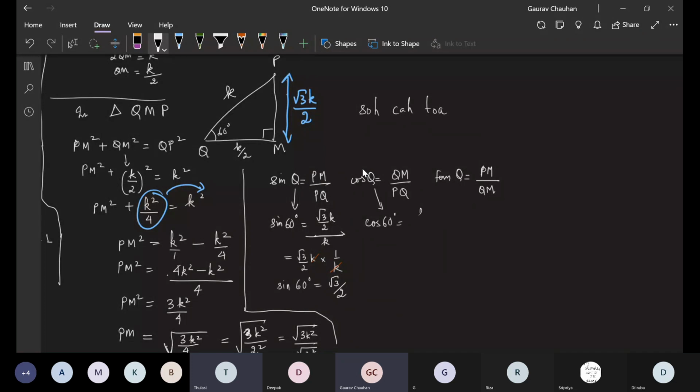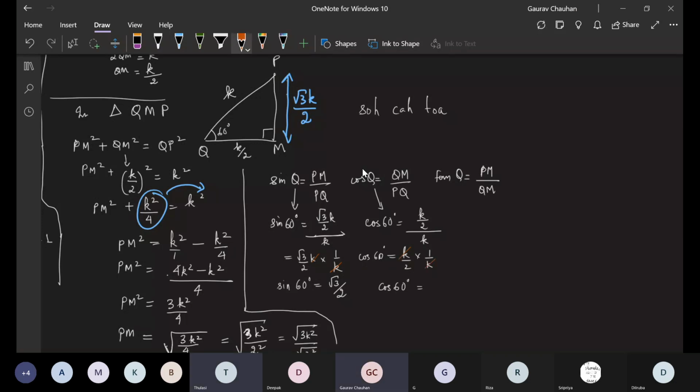K by 2, the whole thing by k, sir. Can you make it simpler for a layman now? Cos 60 degrees is equal to k by 2 into 1 by k. Sir, k will cancel, so it will be 1 by 2, sir.